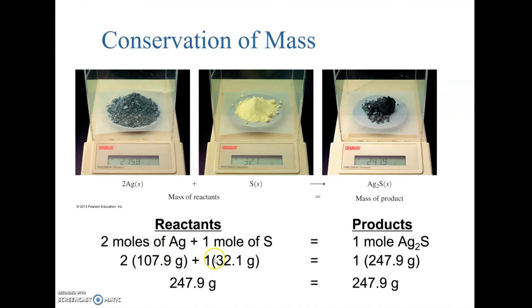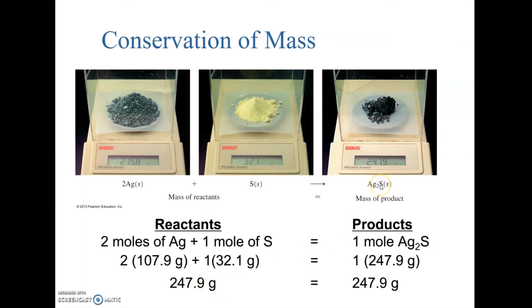We can put that in terms of mass, meaning that if we know the molar mass of the silver, since it's taking 2, we multiply that by 2, then the molar mass of sulfur is 32, and on the reactant side we have 247.9 grams.